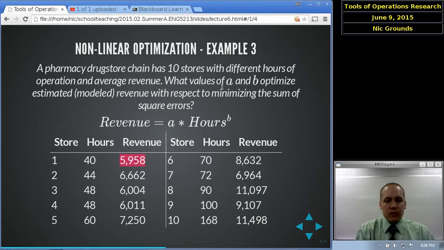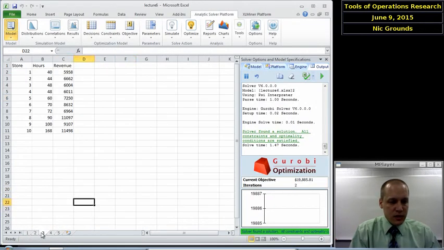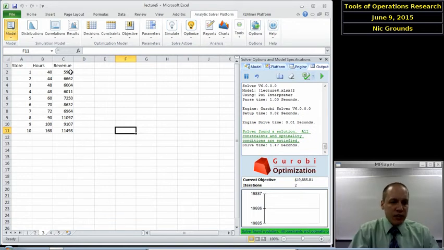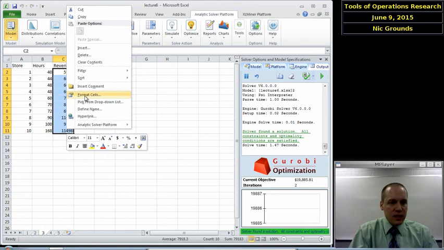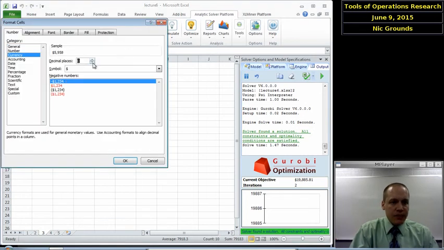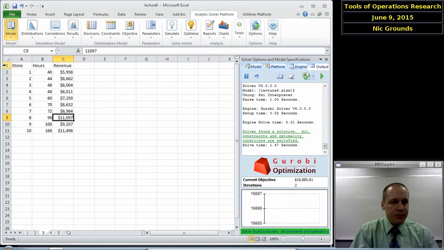Okay, so let's go back to Excel. So here I have that same set of data, 10 stores, number of hours open, and revenue, which is supposed to be currency. Okay.